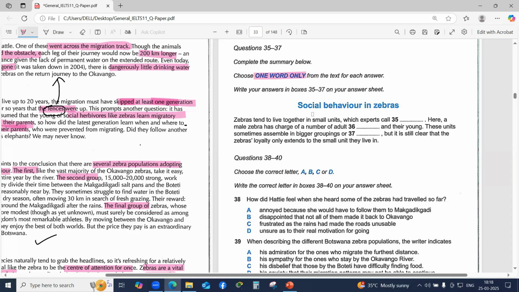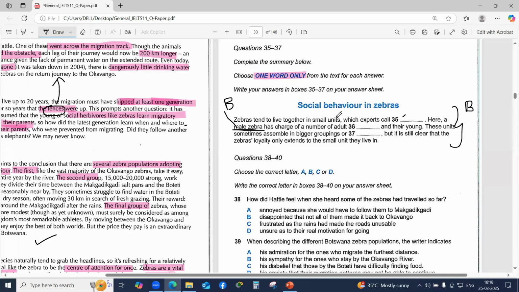One word only. Social behavior in zebras. Zebras tend to live together in smaller units, which experts call dash. Here, a male zebra has charge of a number of adult dash. A male zebra is called a stallion, and that was in paragraph B, I believe. That means we can find all three answers in paragraph B itself.